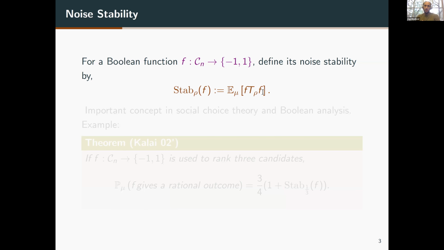Noise stability basically tells you how susceptible your voting system is to noise, right? Once you inject some noise into the system, you want to stay correlated with your original vote.